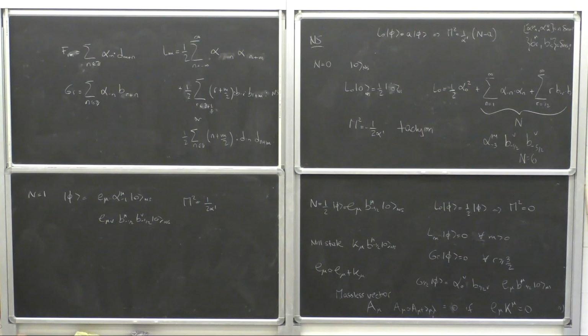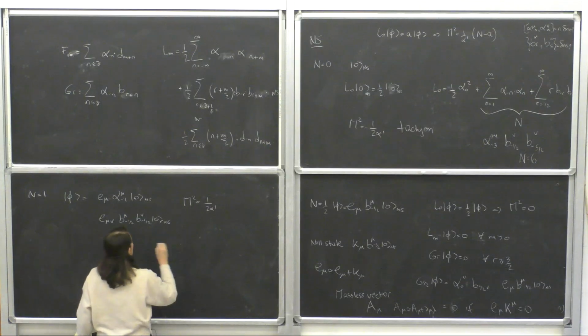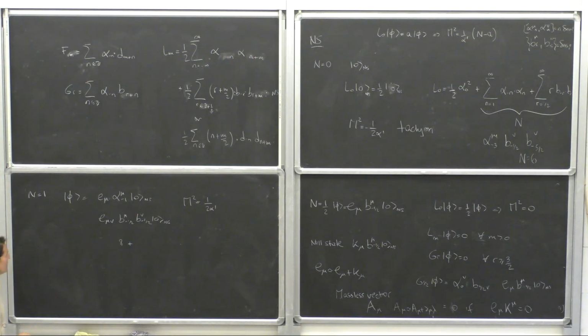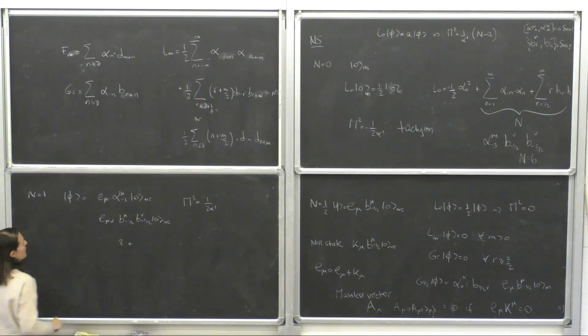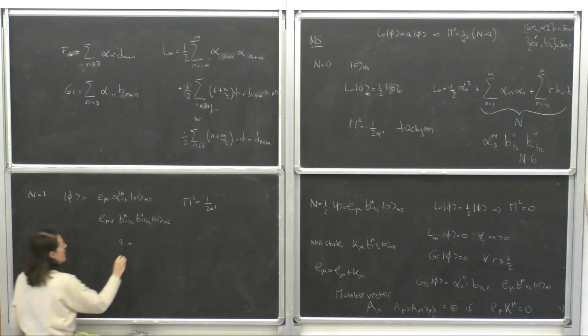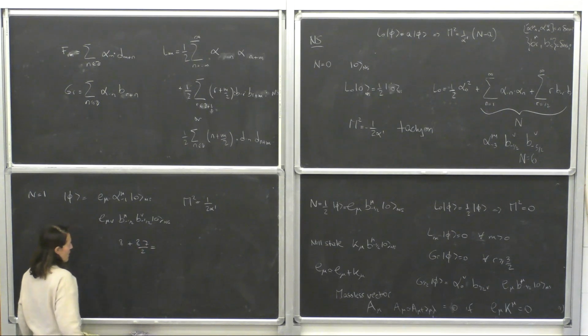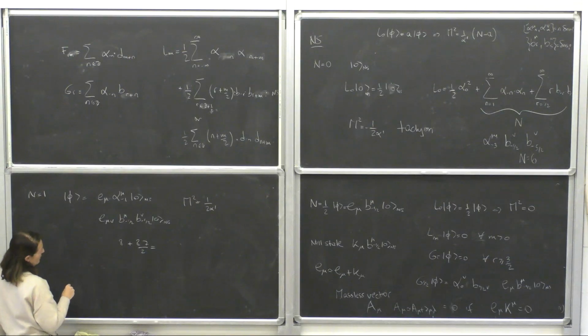And if I want to count the degrees of freedom, I have to put an i here, so there are 8 plus, now this is anti-symmetric, right? Because this is anti-commute. So it's 8 times 7 divided by 2, which is 28, right?